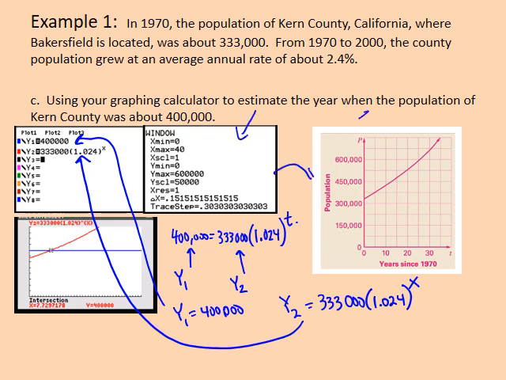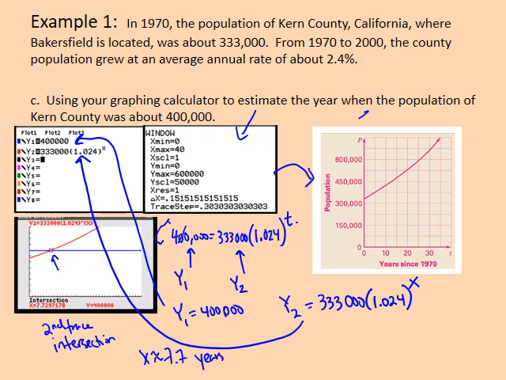And then these were the windows. I used the graph that was provided to come up with reasonable windows. And then if you look at the graph, in order to find the intersection, remember you do second, trace, intersection, and press enter 3 times to find the intersection. So they intersect at x approximately 7.7 years.